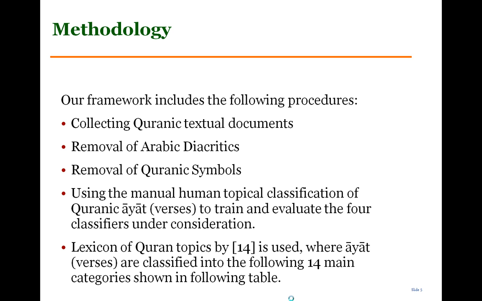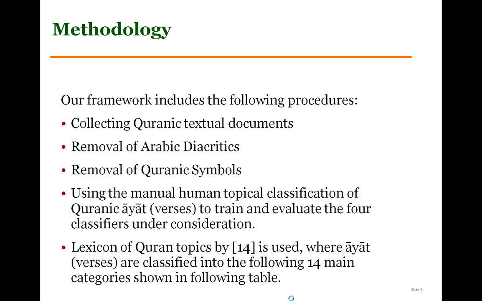Also, we had to remove the Quranic symbols, which are different from the diacritics used in Modern Standard Arabic. Also, we use the human topical classification of different Quranic Ayat, verses, and try to train our classifier to classify these ayat automatically.